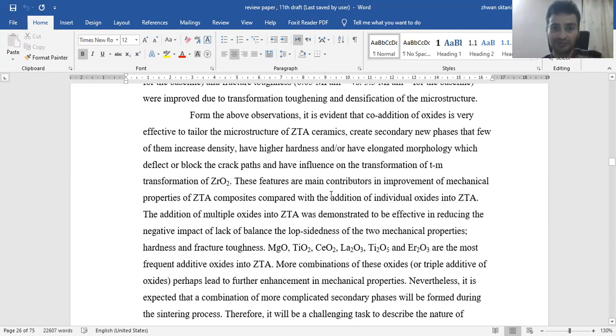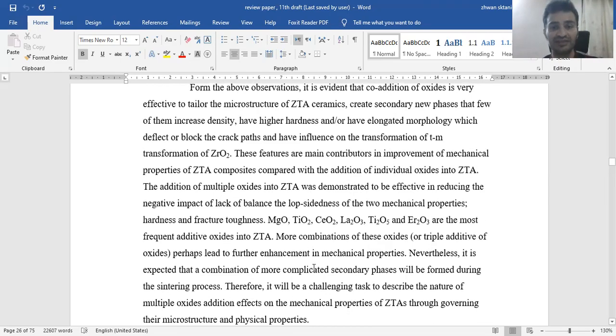And also, I explained that maybe multiple oxide additions have a side effect, or they have a positive effect, all based on scientific data or basic theoretical background.